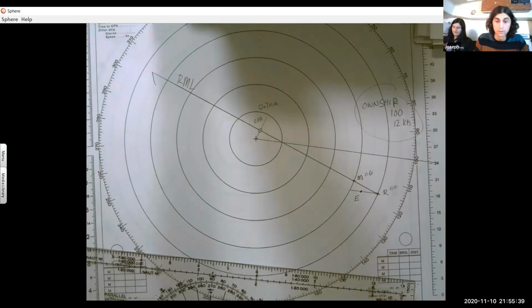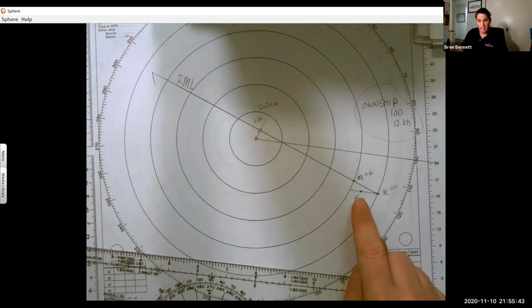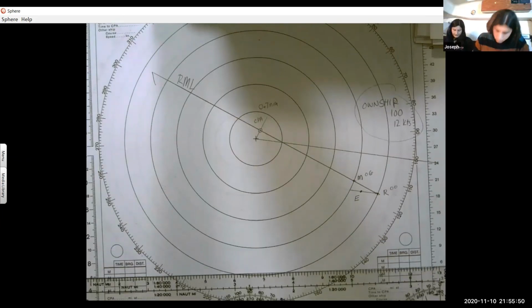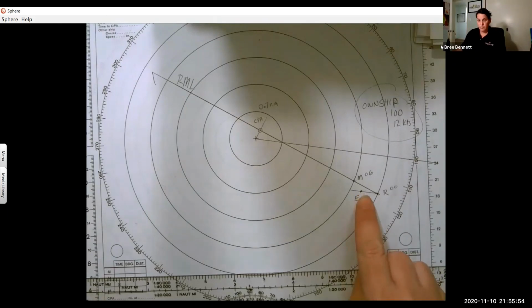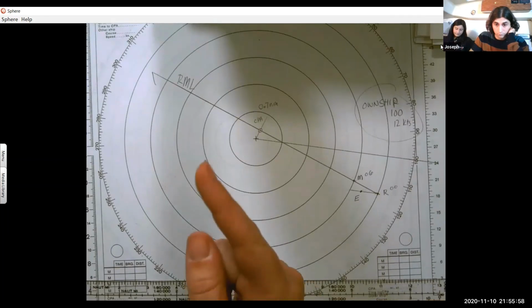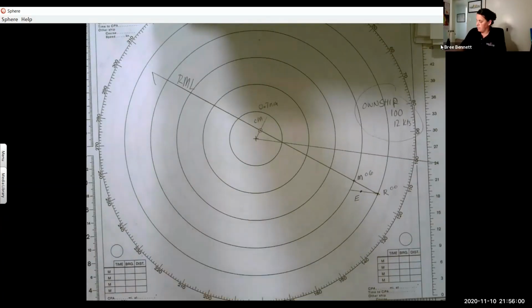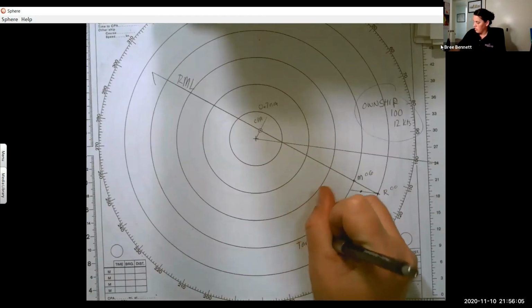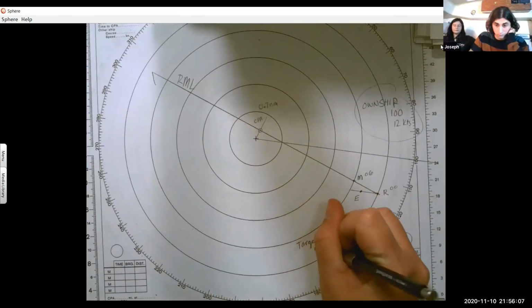No, it just do not plot E there. Okay. Okay, so we got E. And now I want to figure out what E to M is. So what is the target's true course and speed?